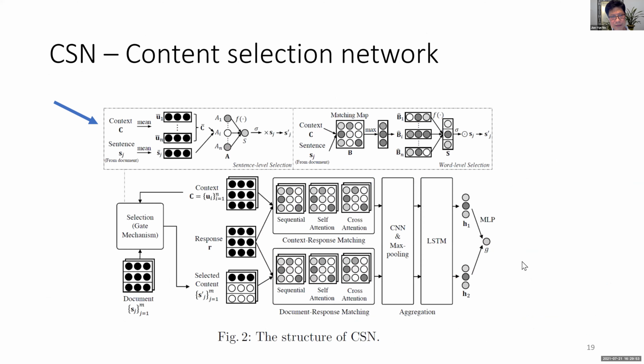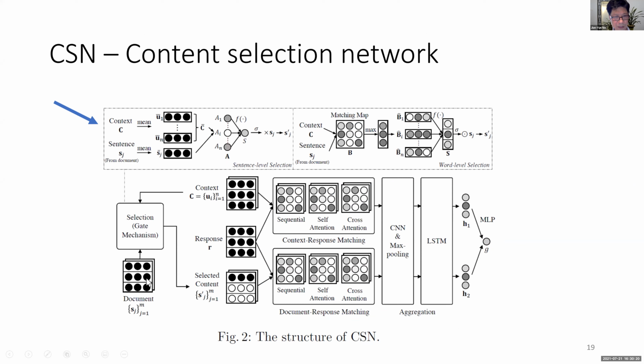How do we do that? The key element that we propose here is to build a selection network, which we call the content selection network, trying to select a part of the document content to be incorporated in the selection of a response. I can give a little bit of detail about that very quickly.